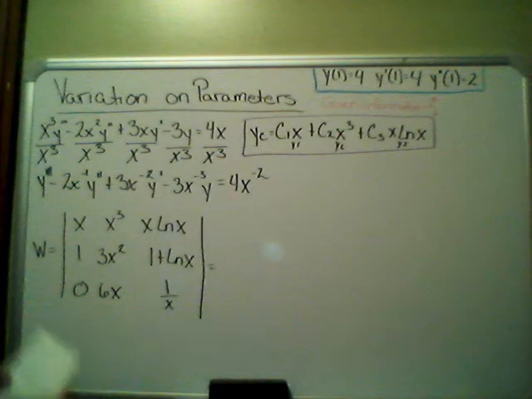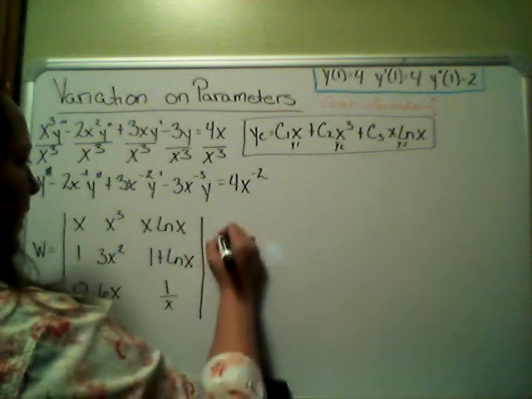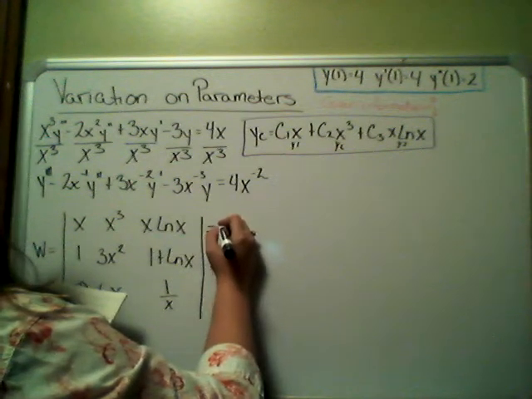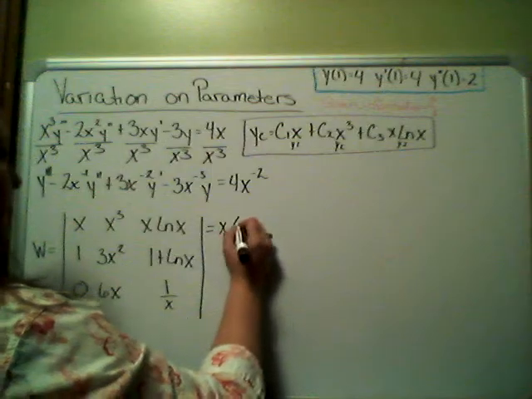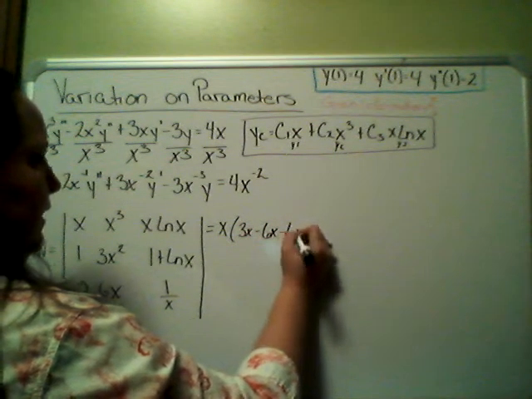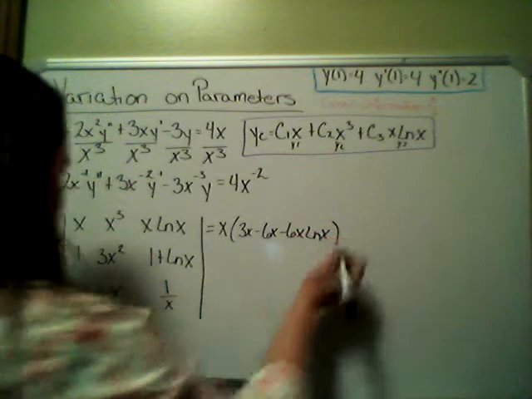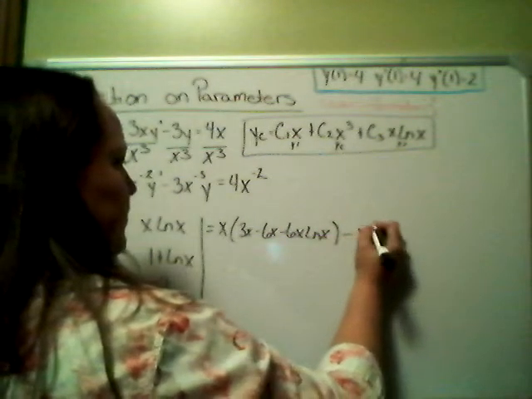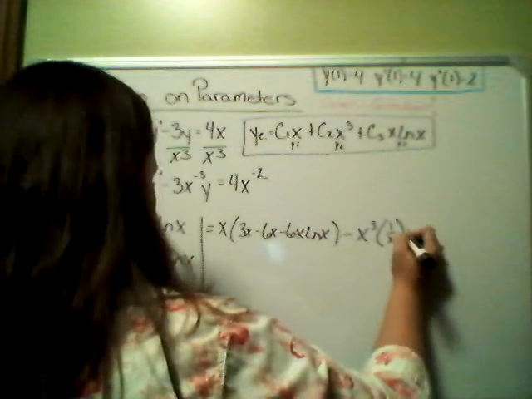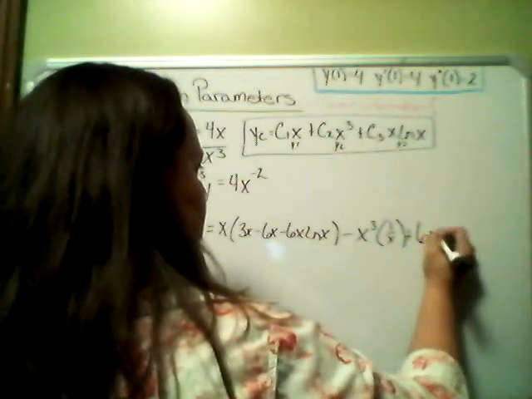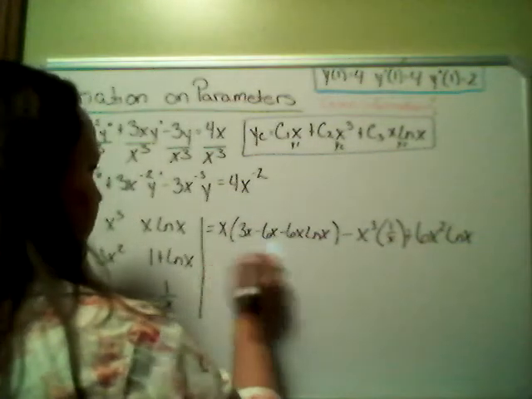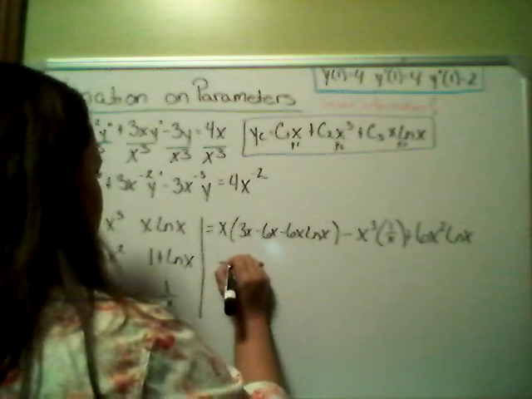This takes a little bit of doing. I'm just going to move this up so I have more room. Okay, x times 3x minus 6x minus 6x ln x, minus x cubed times 1 over x, plus 6x squared ln x, which we can simplify.